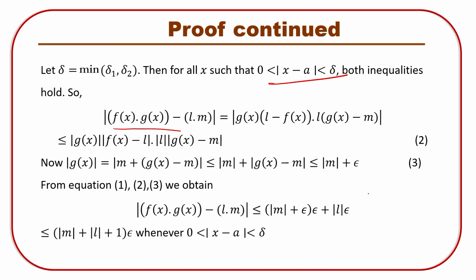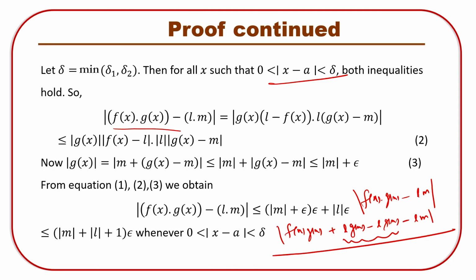So we are going to find the modulus of f(x) into g(x) minus LM. To do this, we add and subtract L into g(x). So f(x) into g(x) plus L into g(x) minus L into g(x) minus LM, and simplify it.